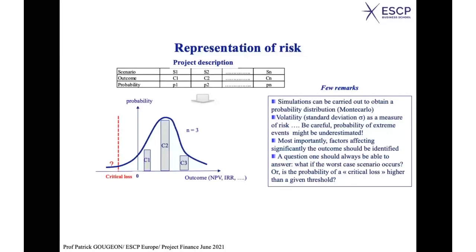So since the concept of critical loss is important, I think it's worth discussing a bit how it can be measured, how it can be obtained. And there are different thresholds that can be considered, and it will depend on who you are and how much you're ready to lose.